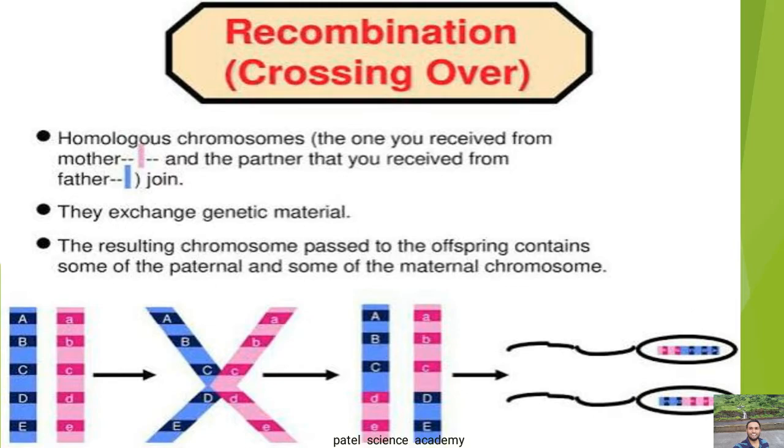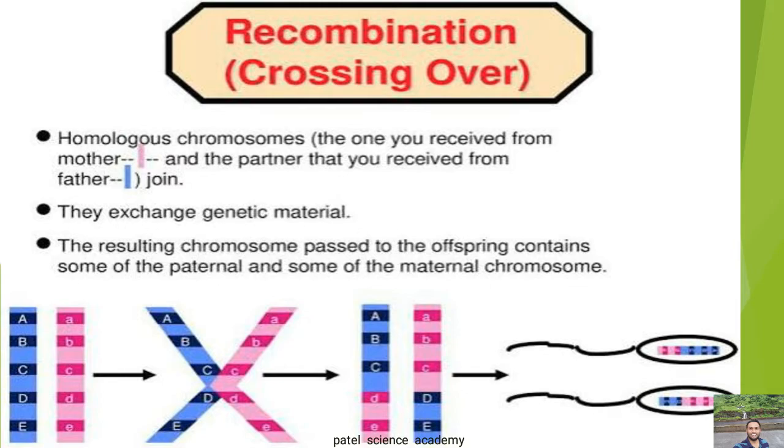It occurs during the pachytene stage of prophase 1 of meiosis type of cell division, and the term crossing over was coined, meaning first used, by the scientist Morgan.